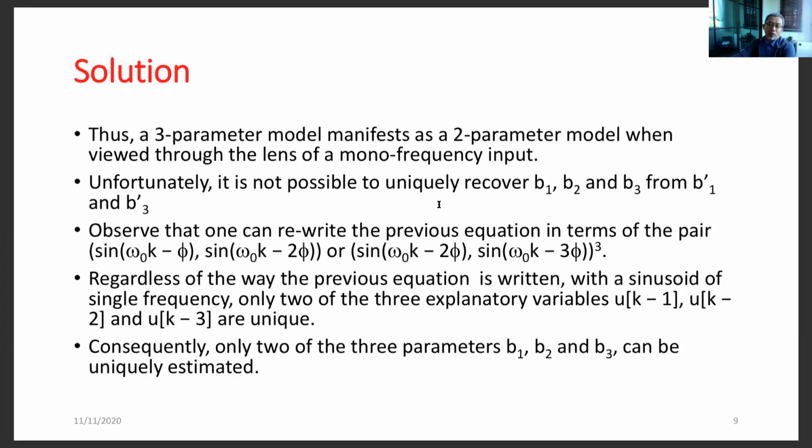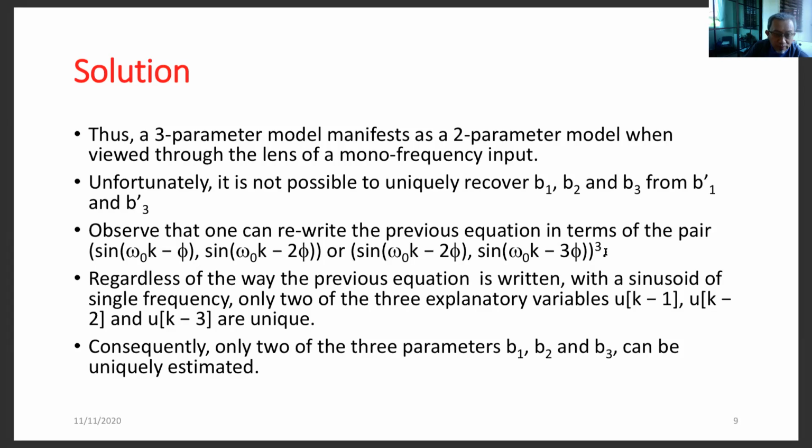Thus, we have a 3-parameter model that manifests as a 2-parameter model when viewed through the lens of the monofrequency input. Unfortunately, it is not possible to uniquely recover b1, b2, b3 from b1 prime and b3 prime. We have to observe that we can rewrite the previous equation in terms of the pair sin(omega naught k minus psi) and sin(omega naught k minus 2 psi), or omega naught k minus 2 psi and minus 3 psi.